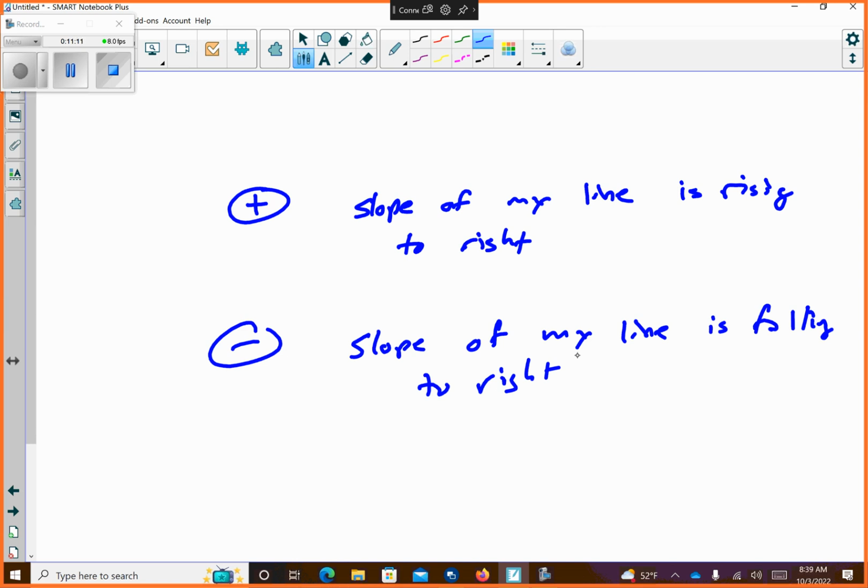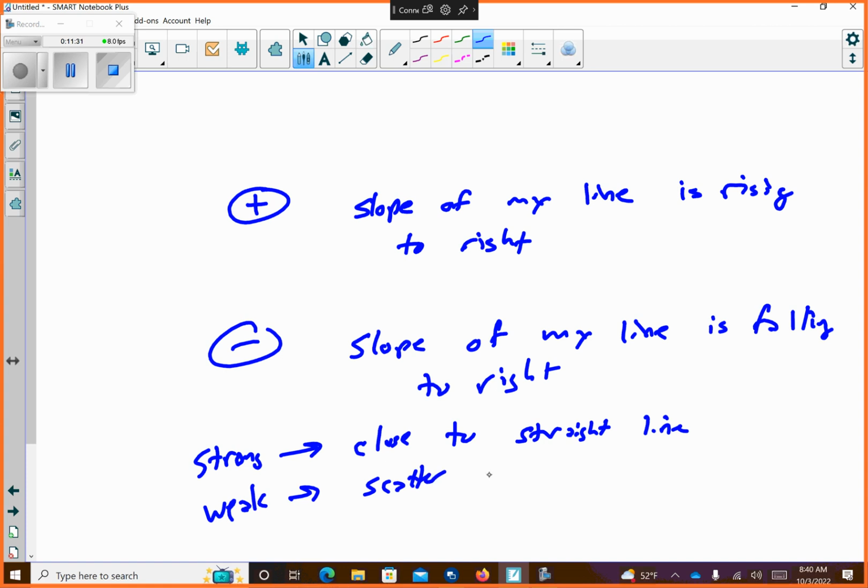And then we can also talk about strong correlation, and this is close to a straight line. And we can have weak, and this is kind of scattered data, and scattered data could have somewhat of a line that you could say this line would probably fit in.